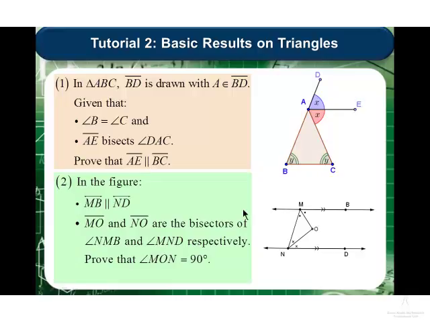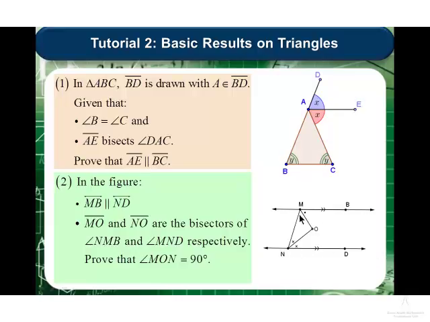In problem 2, we're given a figure where the ray MB and the ray ND are parallel. Furthermore, we have that line segments MO and NO are the bisectors of angles NMB and MND respectively.